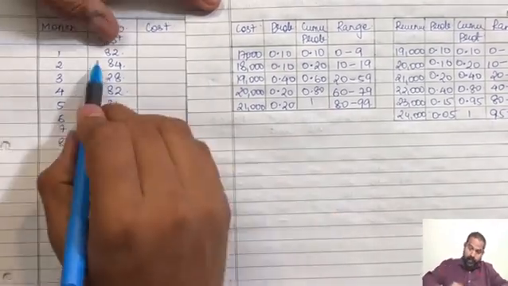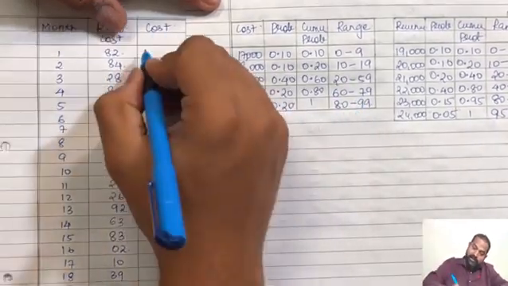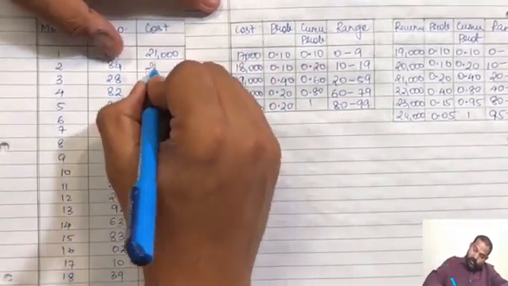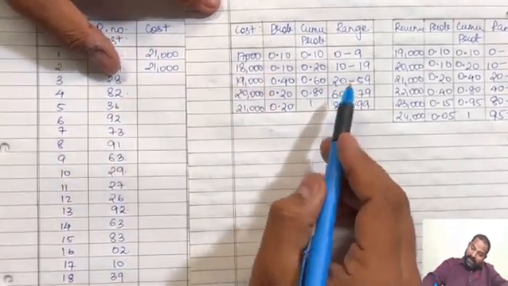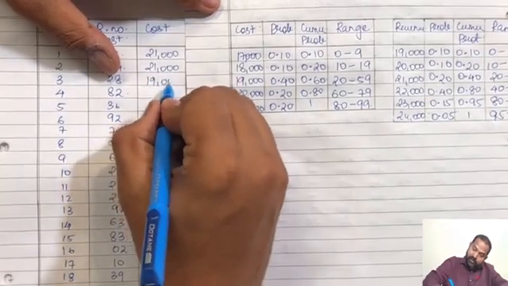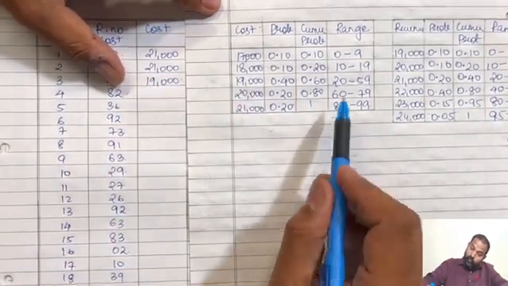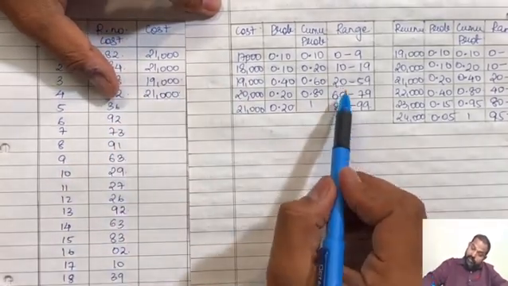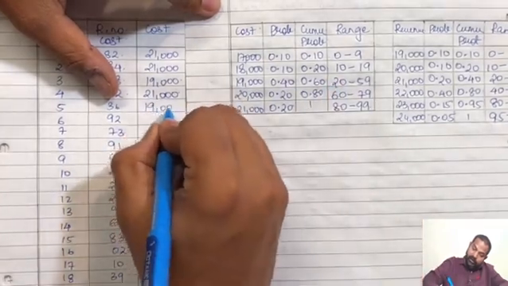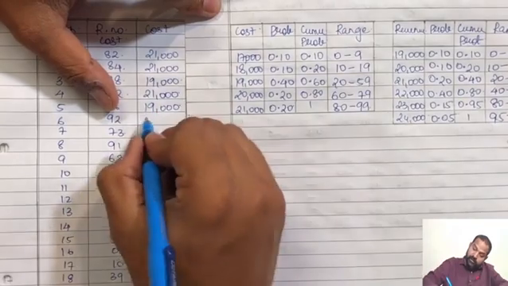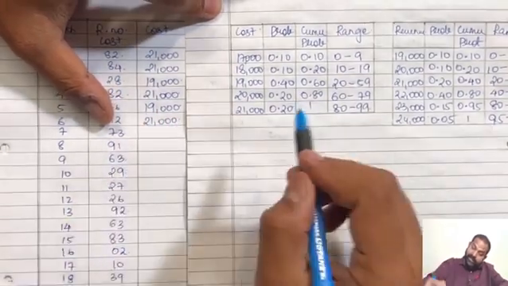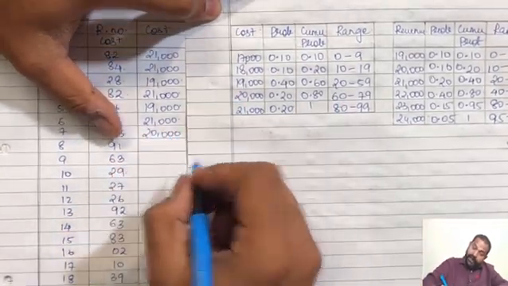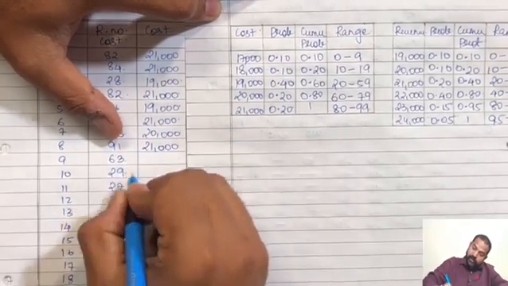Yes, perfect. 82 falls here last, so the cost is 21,000. 84 again last, so the cost is 21,000. 28 falls here, so it is 19,000. 82 falls here, so it is 21,000. 36 falls here, so it is 19,000. 92 falls here, so it is 21,000. 73 falls here, so it is 20,000. 91 falls here, so it is 21,000.